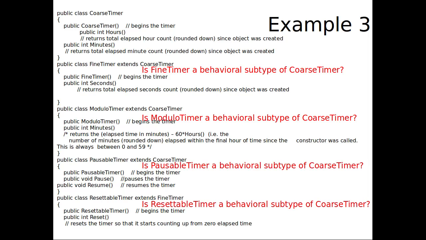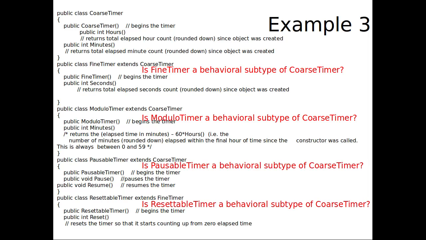And so we could call hours, and we'll get the total number of elapsed hours rounded down. So if there's a fractional hour, 4.6 hours, it'll be 4 still. And minutes is the total elapsed minutes since the object was created. So if it was created 3 hours and 10 minutes ago, it would be 190 minutes.